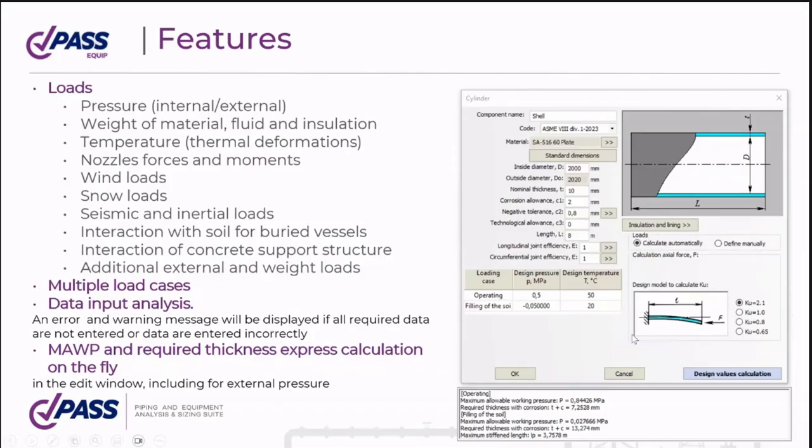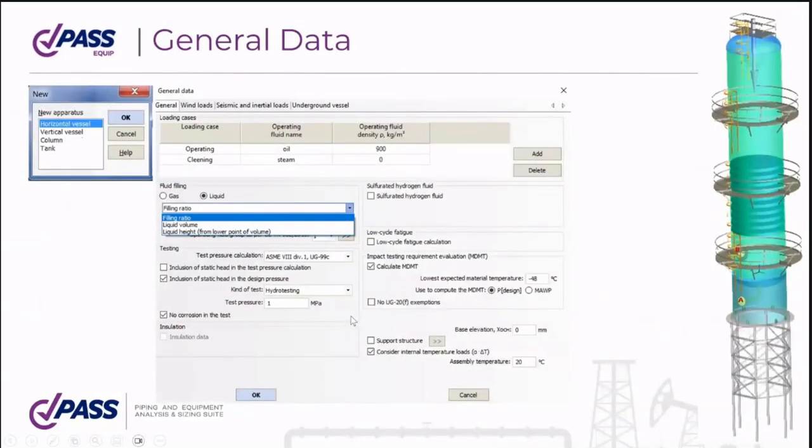And when we define data for elements, in the same window you immediately see everything. So this is an example of the general data screen where you can define load cases, what the fluid is, gas or liquid, and how you would like to take it into account, and also what code you want to apply for testing and so on.